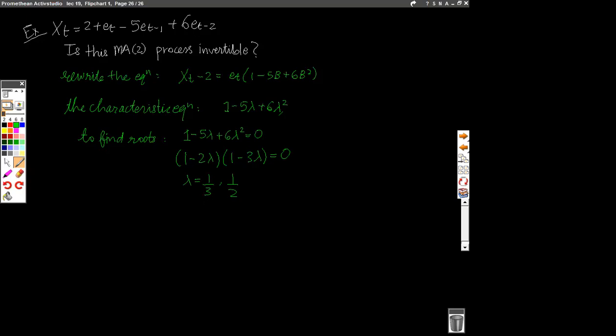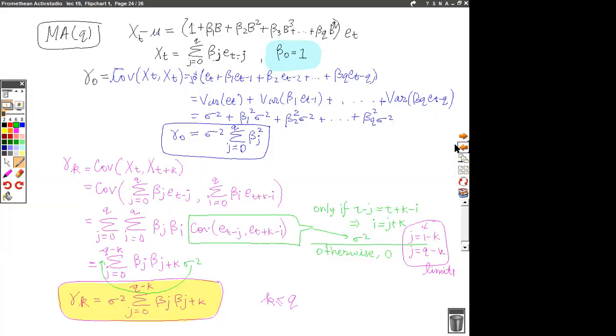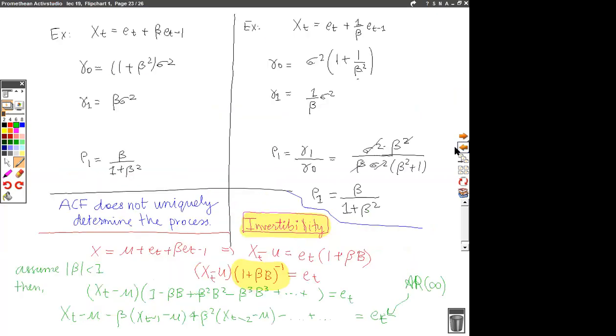invertible process. Right. Remember, this is actually the confusion that each and every student has whenever they study time series for the first time. So you're not the only first person. When I claimed that my roots should be less than 1, I claimed that for when?